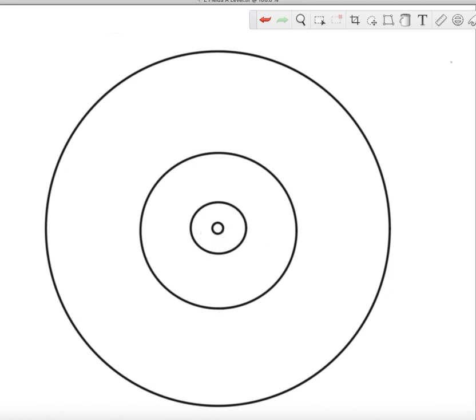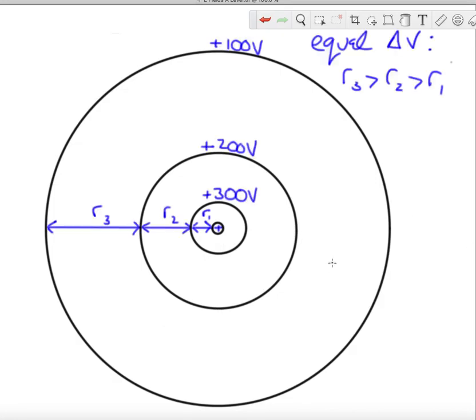Let's say our charge is positive. So I'm going to arbitrarily assign plus 300 volts to this line, plus 200 to this line, plus 100 to this line. My point is that my equipotentials around an isolated charge are concentric circles, that is to say circles with the same center, centered on the charge.